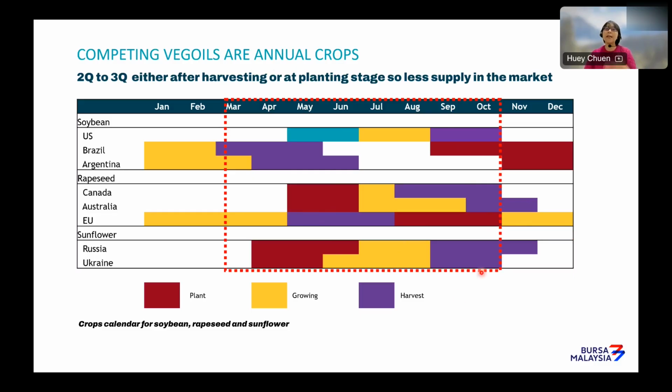Which means that interestingly, during months like March to July, or sometimes April to June, July, most of these competing oils are not in the market. That is also one of the reasons why palm oil demand is relatively better or higher during the second and third quarter, because there is less availability of competing oil. So this creates seasonality as well.